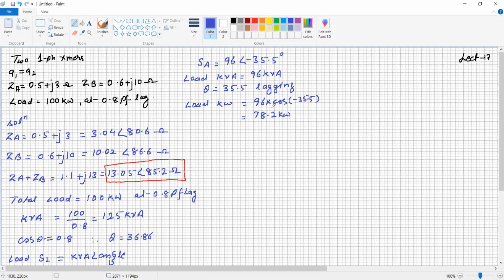So transformer A shares 78.2 kilowatt, or in kVA it is 96 kVA.